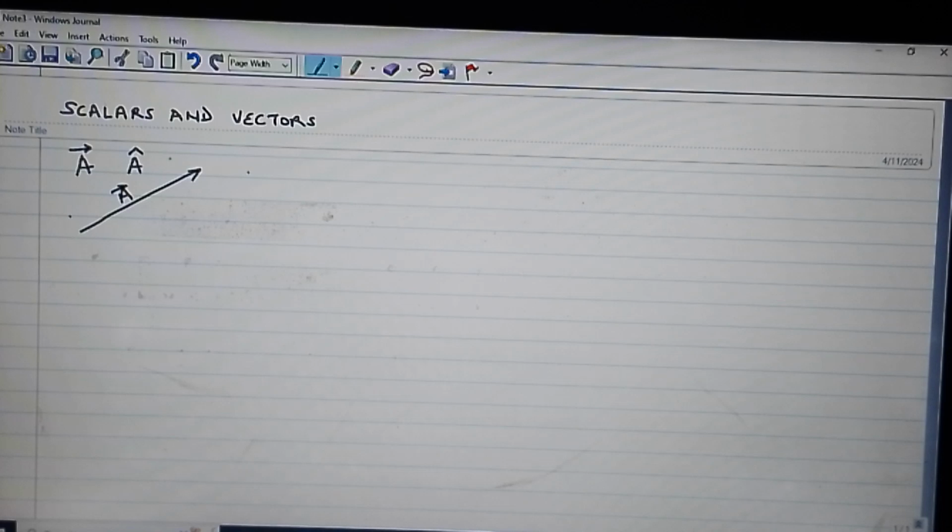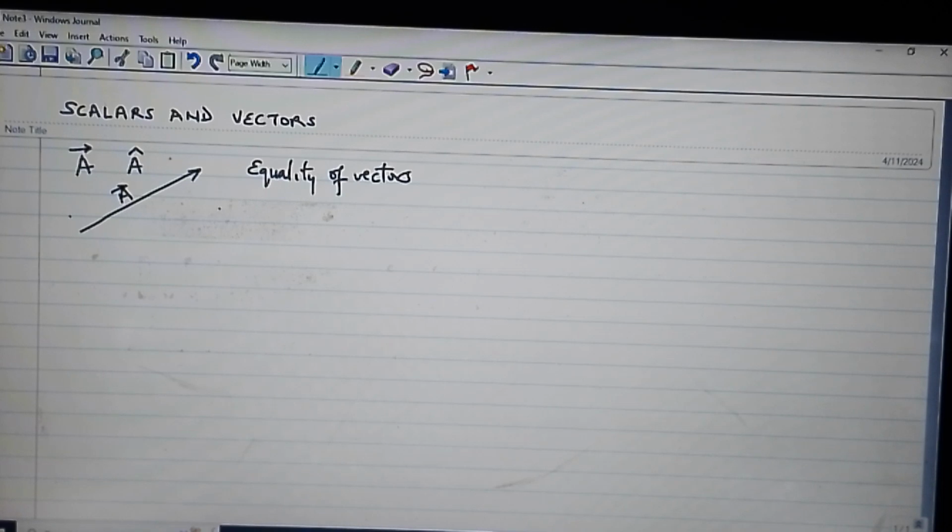Before we move on, we just talk about some terms involving vectors. When we talk about equality of vectors, two vectors are said to be equal if they have the same magnitude and direction. The same magnitude and direction, we classify them as equal vectors.